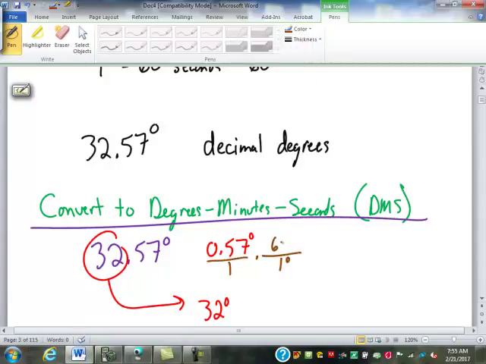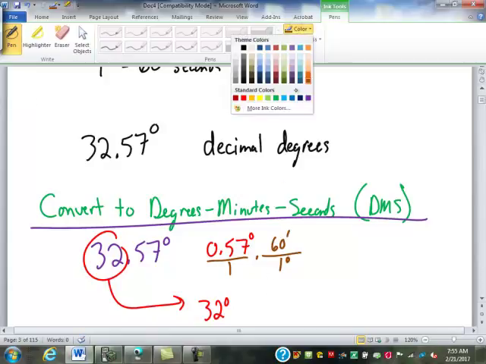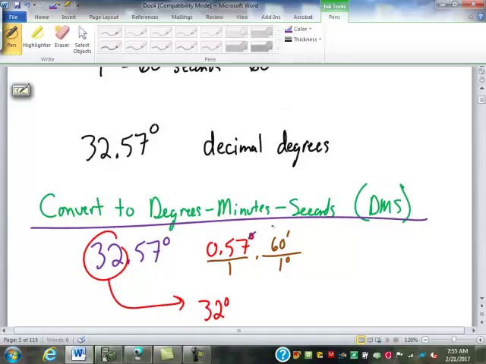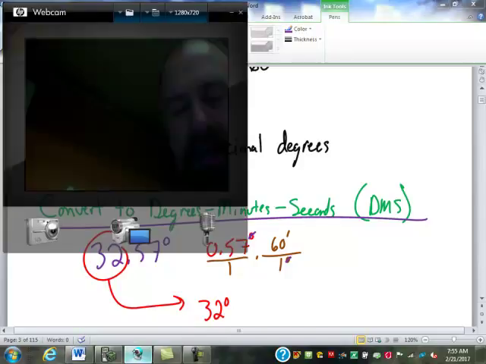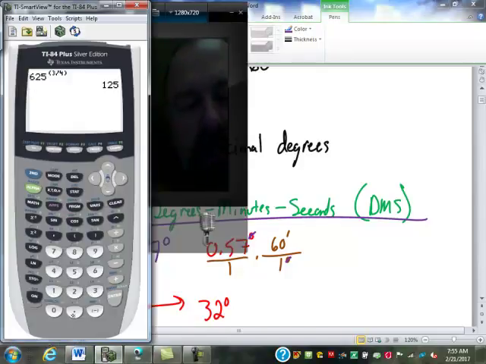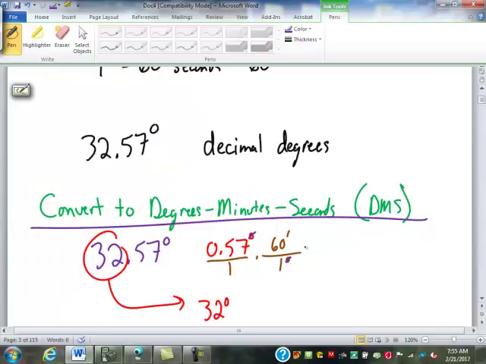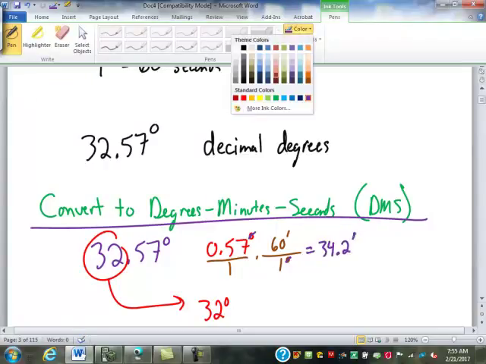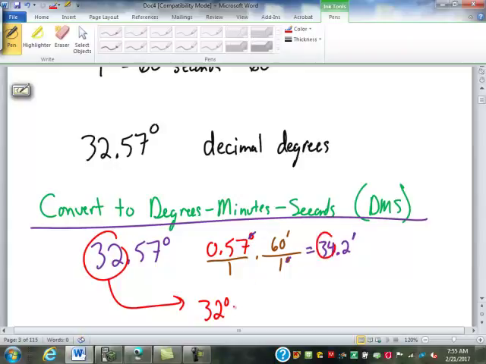Well, 1 degree is equal to 60 minutes. So you can see here, the degrees cancel out. It's 0.57 times 60. That gives me 34.2. So that's 34.2 minutes. So I'm going to take the 34 off. That's my minutes.